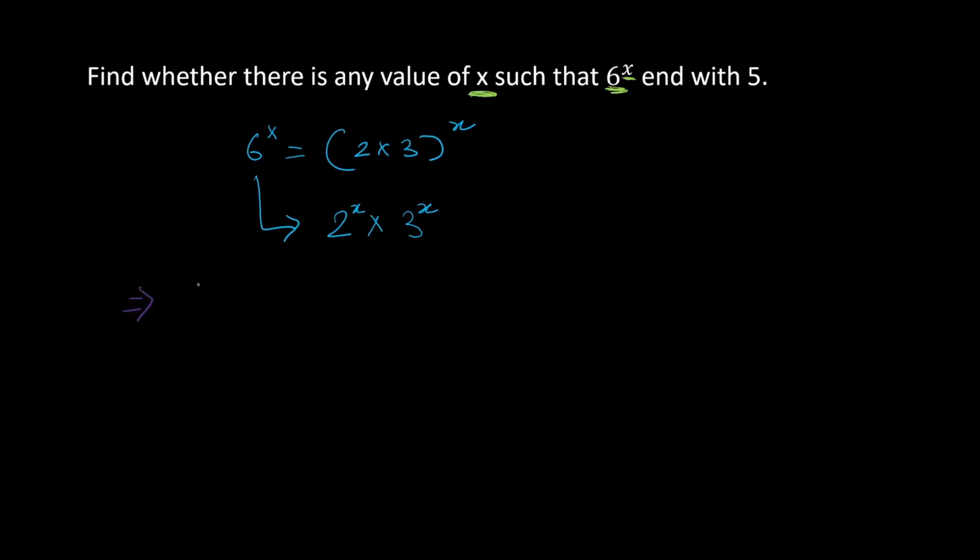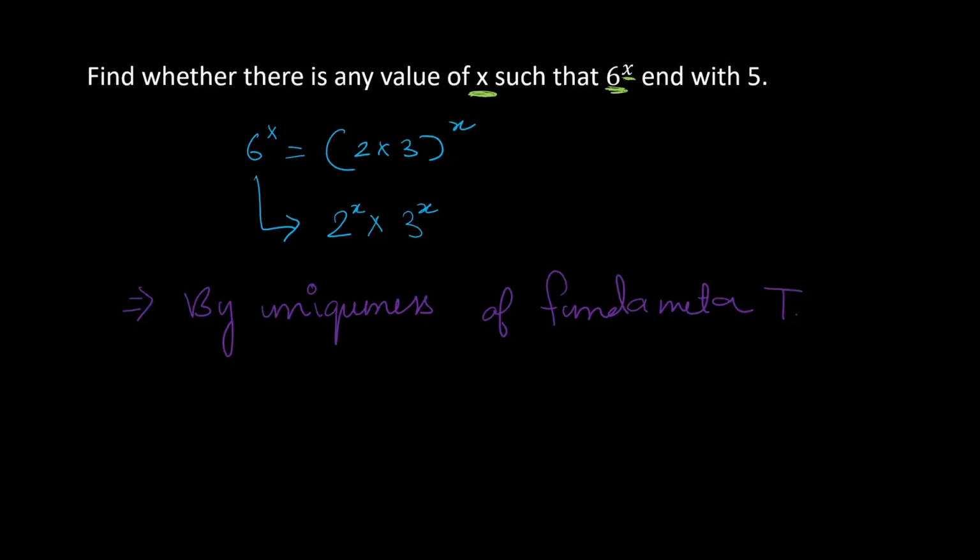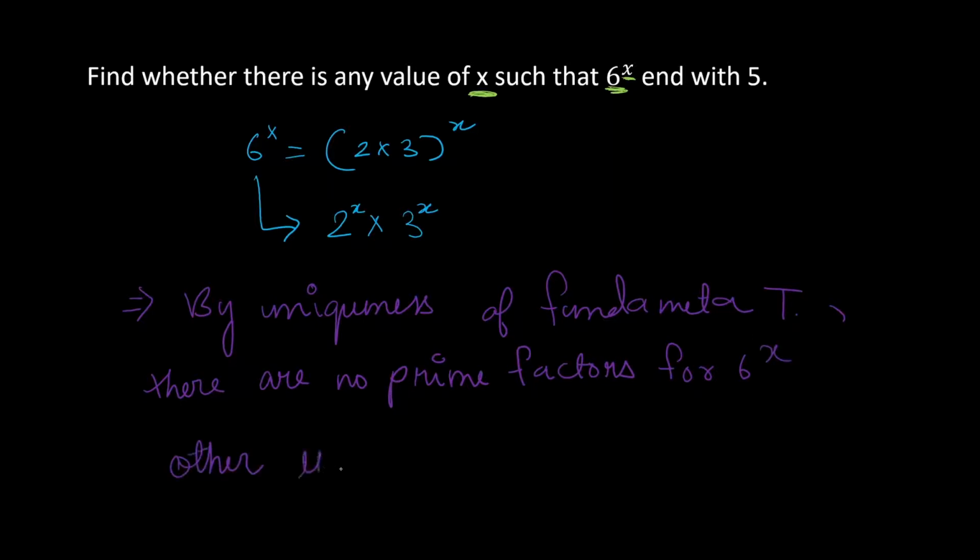We need to write: by the uniqueness of the fundamental theorem of arithmetic, there are no prime factors for 6 to the power x other than 2 and 3.